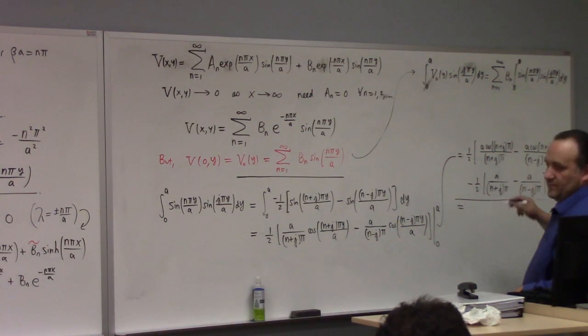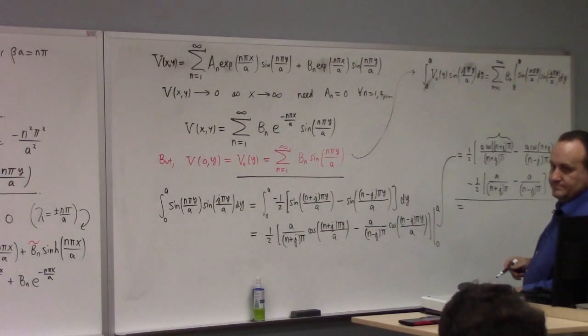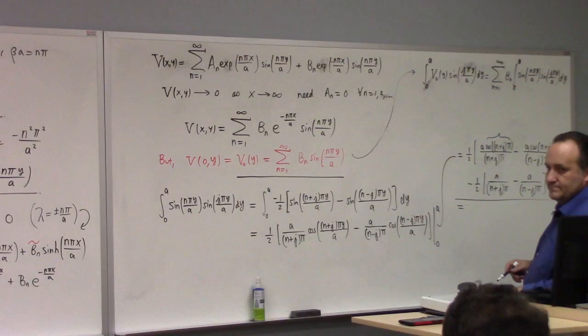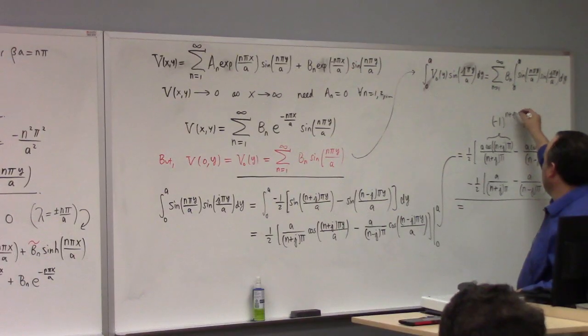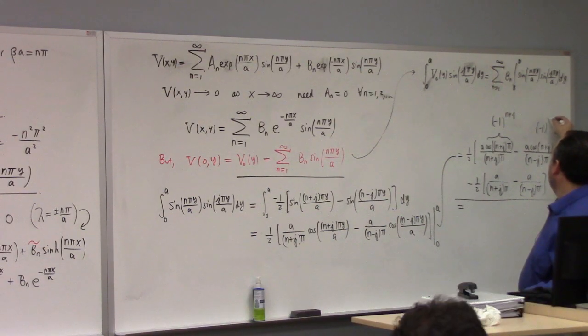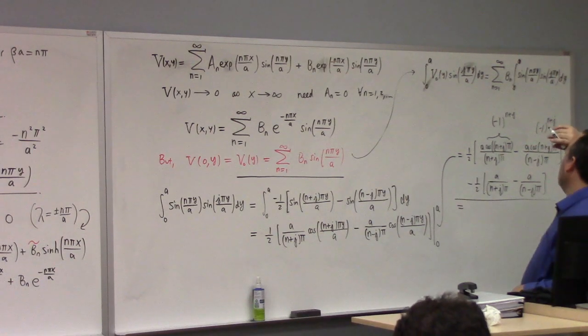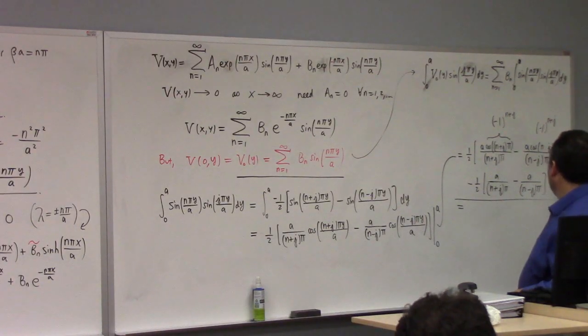Now, what's the cosine of, you guys know what these are? It's 1 for n plus j even and minus 1 for odd. What's a formula? How about minus 1 to the n plus j? Was I supposed to have n minus j on this one? Yeah, that probably matters.